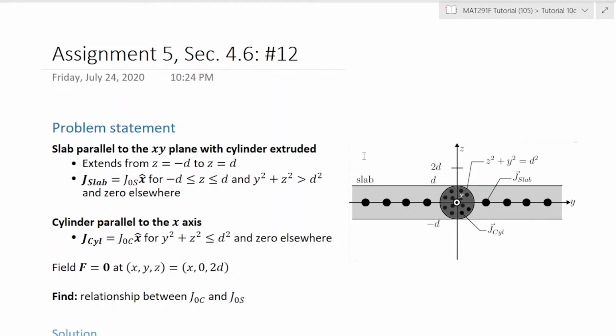Let's do problem 12 from section 4.6. This problem involves two objects. One is the slab with cylinder extruded from it.